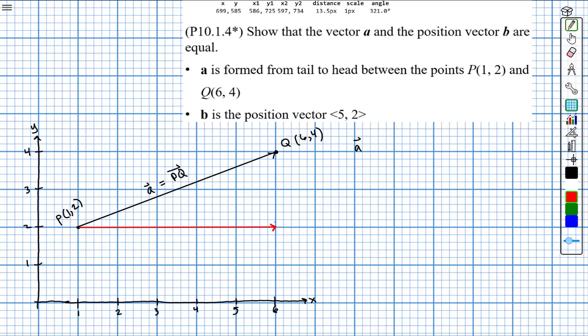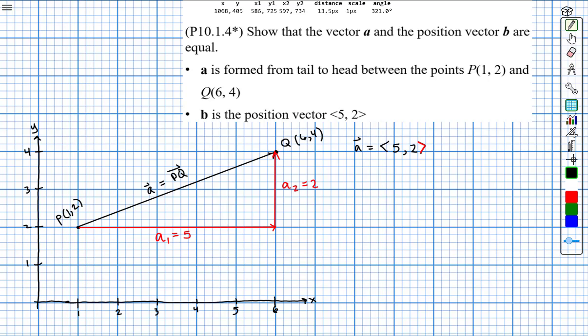The y component of vector A goes up 2 units along the y-axis. So the x component has a magnitude of 5 units pointing along the x-axis, and the y component has a magnitude of 2 units parallel to the y-axis. So we could write vector A in terms of its components as 5, 2.